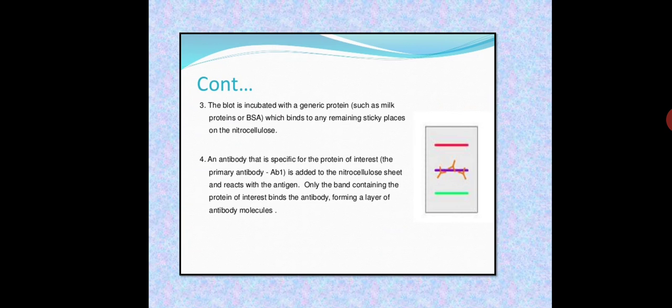It doesn't bind to the separated protein, but apart from the protein and the antibodies, they bind to the other membrane, or other components of the membrane, to block, okay. So the name is given blocking and the blocking agents are milk or BSA, ठीक है.